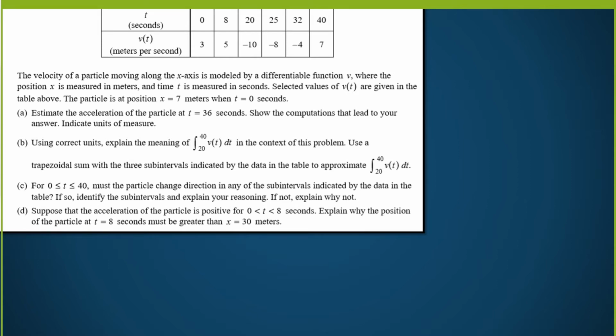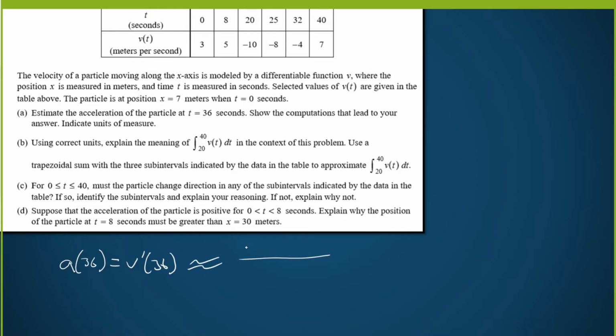We use the slope equation and plug in 40 minus 32 over 7 plus 4. Okay, so our acceleration at 36 is our velocity at 36 is roughly y2 minus y1 over x2 minus x1.